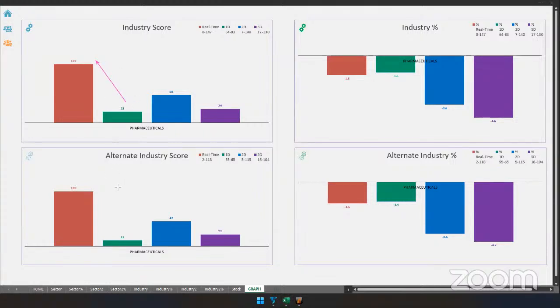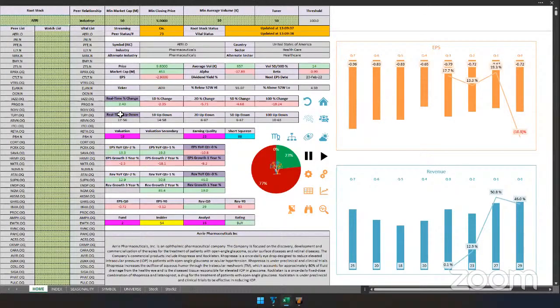The relative score jumped both for primary industry and secondary industry, and we see the industry is still down, but relative strength jumped. So pharma stocks may do better if the market is coming down. They are considered more defensive stocks. So we completed the complete 360 degrees analysis for AERI.